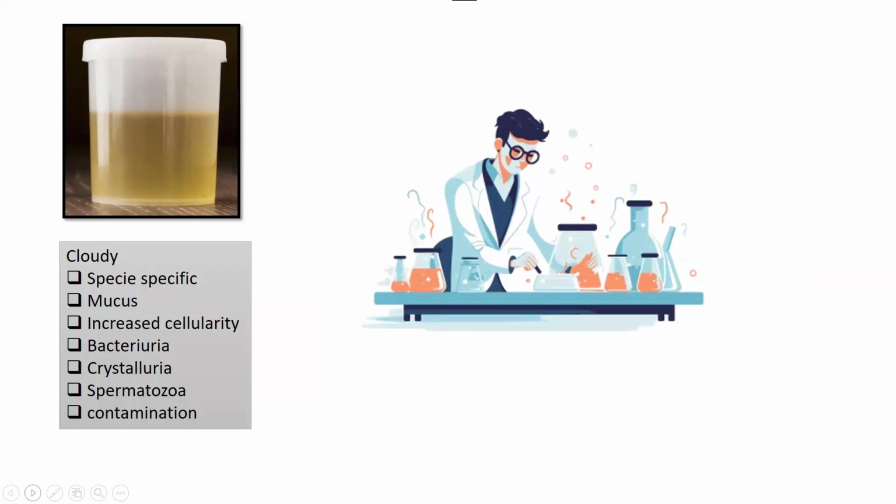Cloudy urine is also related to some species, and it indicates that mucus is present in the urine, or increased cellularity, bacteriuria, that is bacteria present in the urine, crystalluria, that is crystals or stones present in the urine, spermatozoa, and some contamination like dust particles.